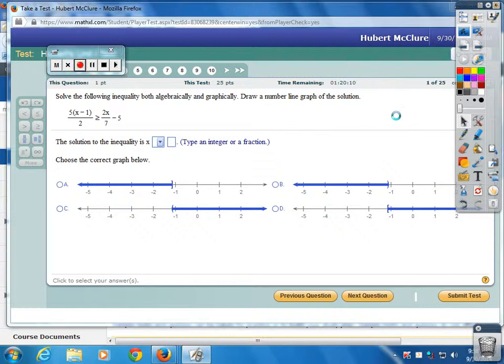All right, look at that one. What do you think I'm going to do before I even start the problem? Or what do you think I'm going to do to start the problem? Clear the what? Clear the fraction. Unless you just like punishment.